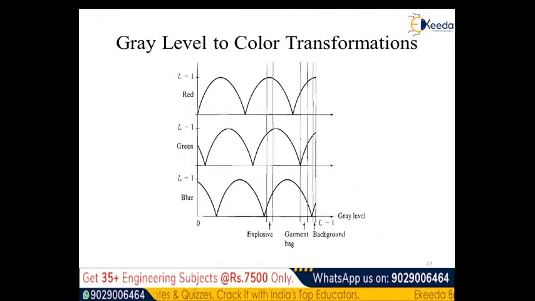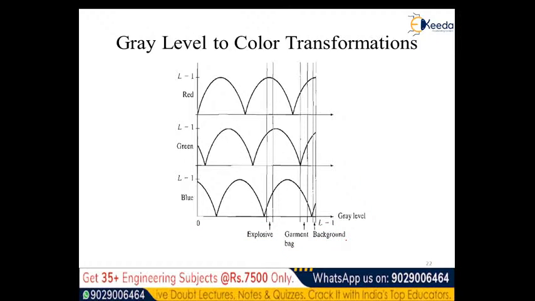It is the plot of the three bands red, green and blue, and the gray level is plotted on the horizontal axis for all three bands, extending from 0 to capital L minus 1. These are the threshold values to detect the explosives, the garments in the bag, and whatever the background is in the scanning machine.